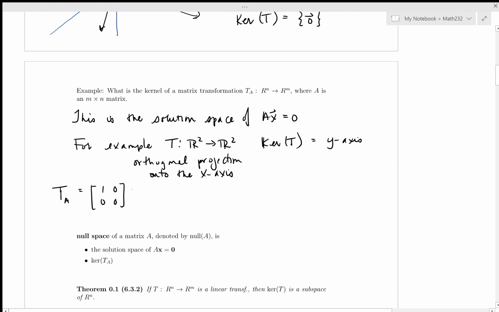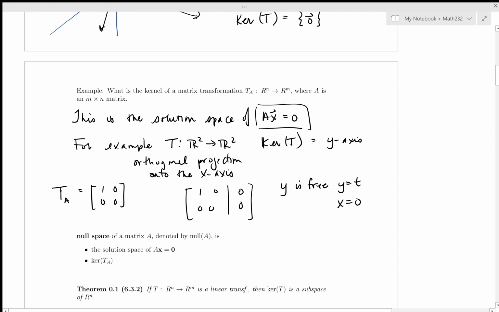And so what we can do then is take a look at what the solution space of this is. We see that y is free, and I'm going to say y is t, and then we see that x is 0.